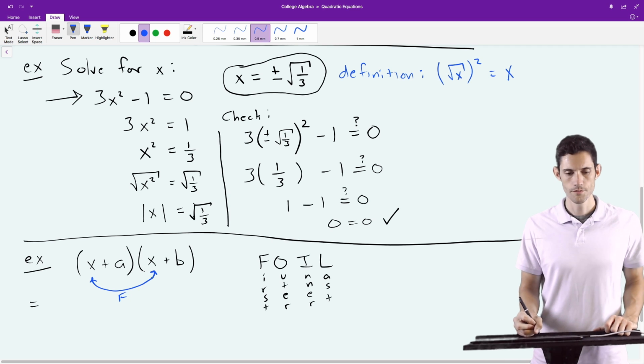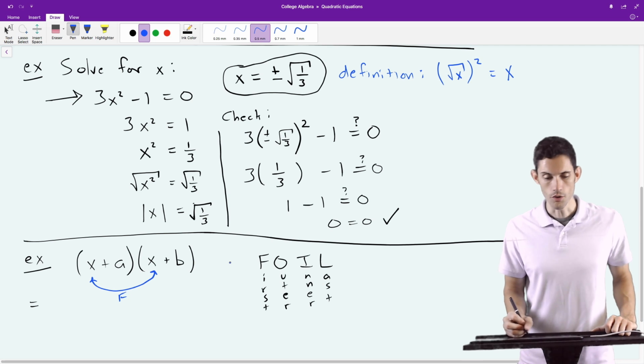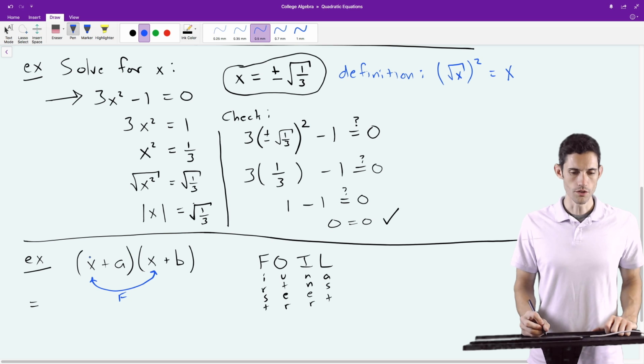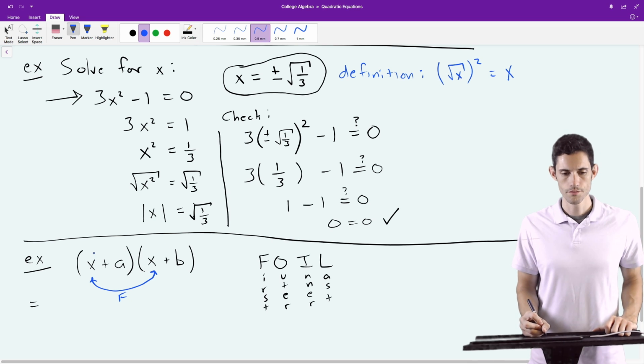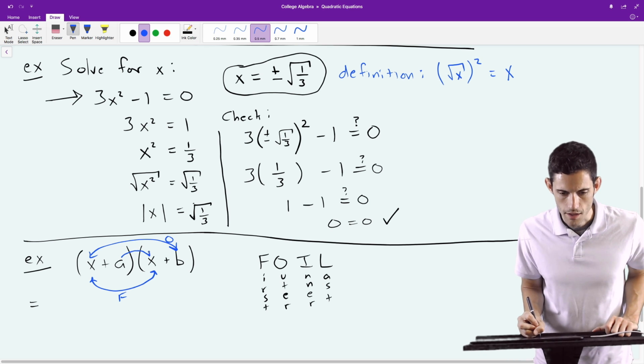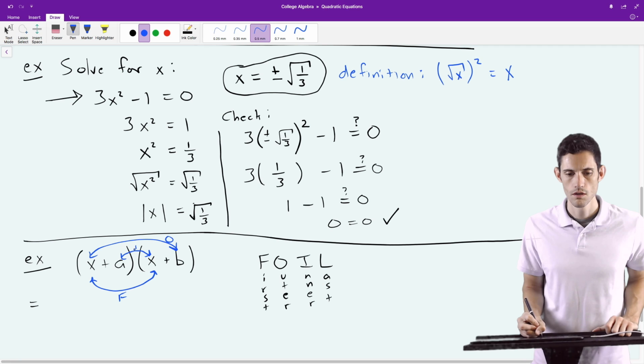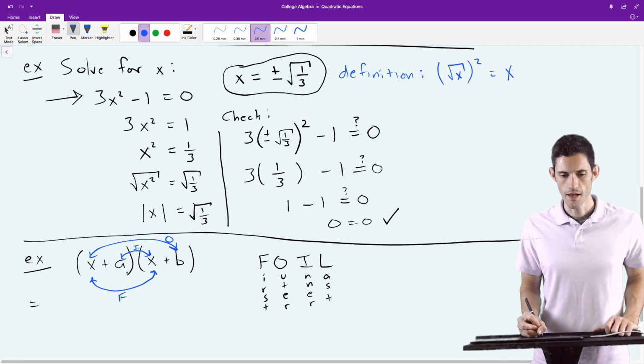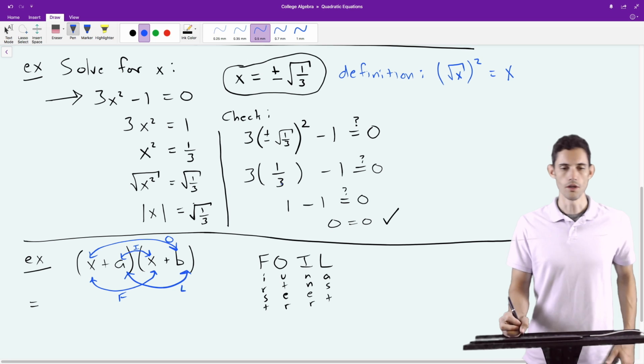That's first. And then the outer, so the outer ones are the x and the b. And then the inner ones are the a and the x. And then the last ones are the a and the b. So first, outer, inner, last.